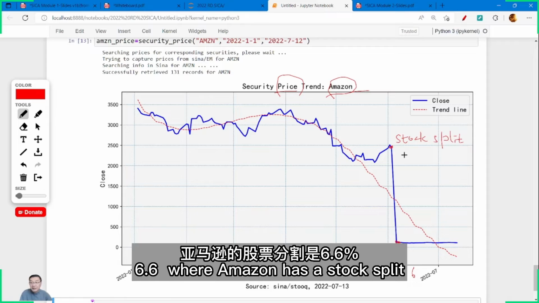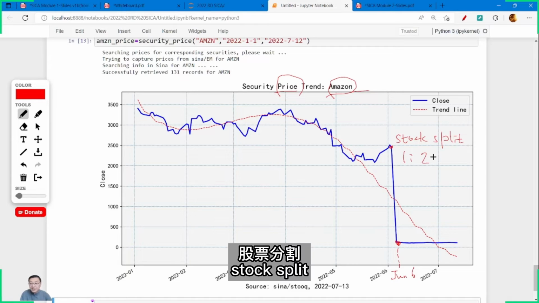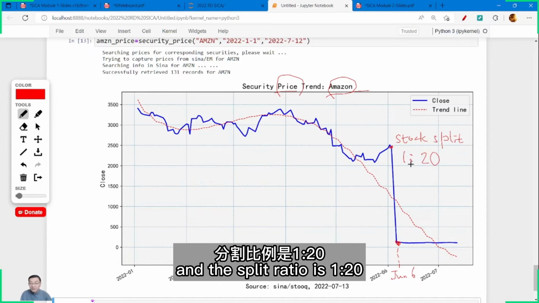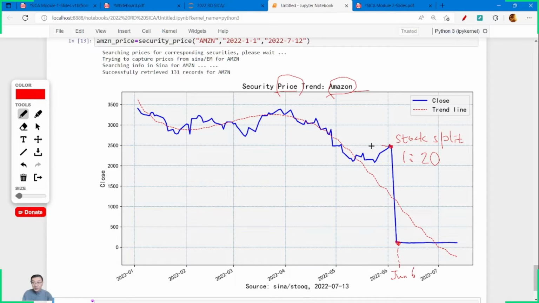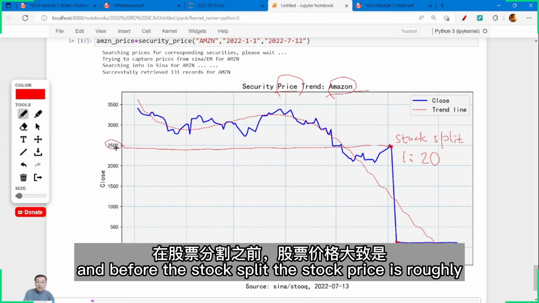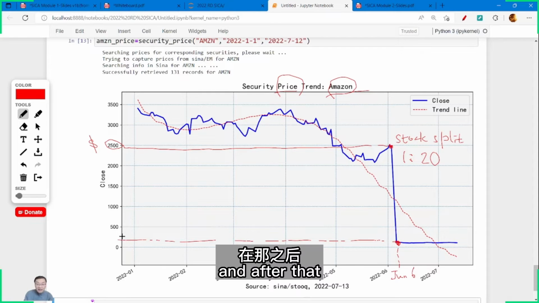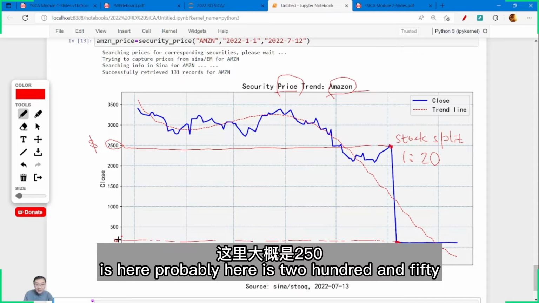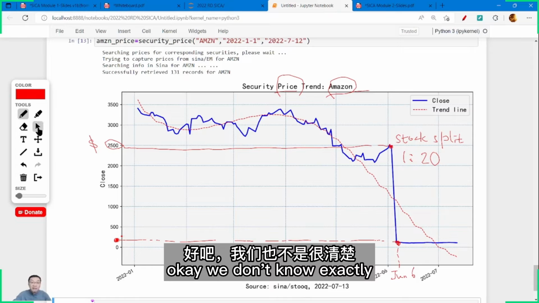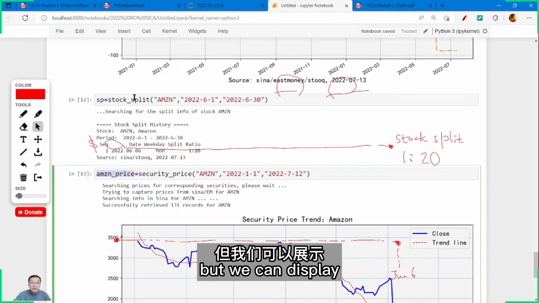And the split ratio is 1 to 20. And before the stock split, the stock price is roughly 2,500 US dollars. And after that is here. Probably here is 250. Okay, we don't know exactly, but we can display the variable and find out more details.